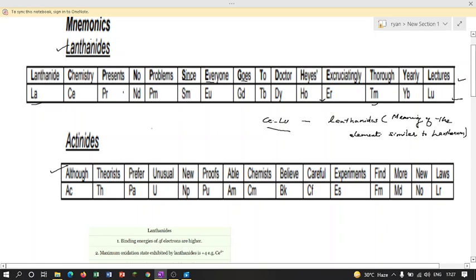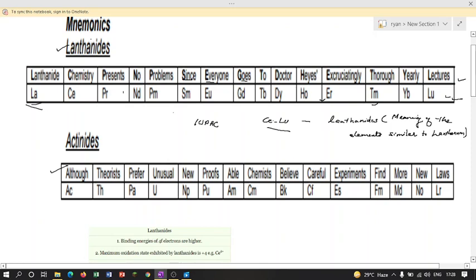According to IUPAC, the 14 elements starting from cerium to lutetium, without lanthanum, are called lanthanides, whereas in the bracket, the elements similar to lanthanum, the 15 elements from lanthanum to lutetium, are called lanthanoids. I hope you understood the difference between the lanthanides and lanthanoids.